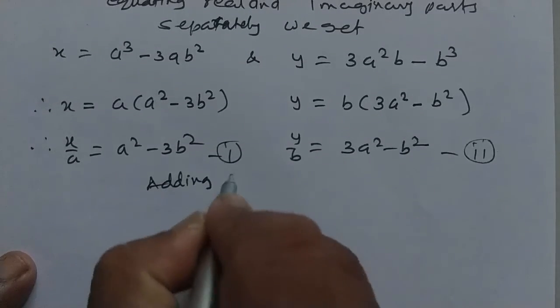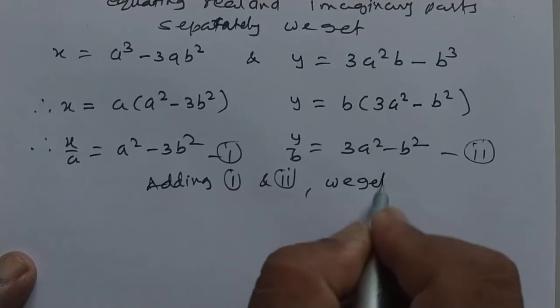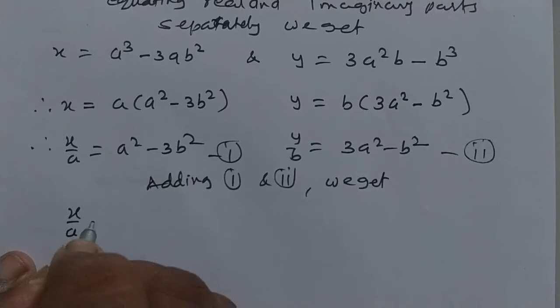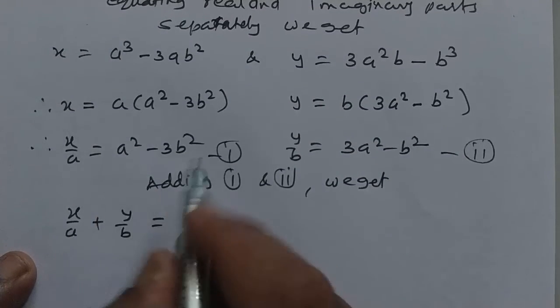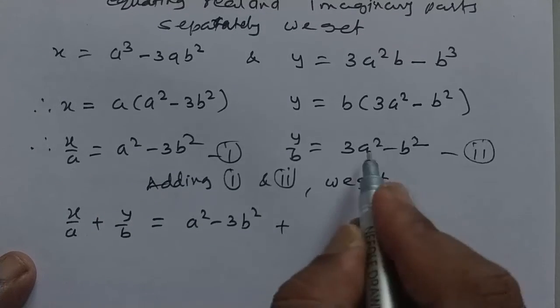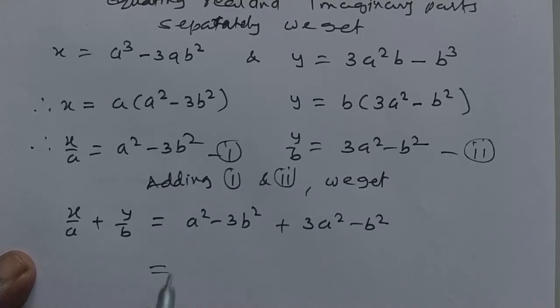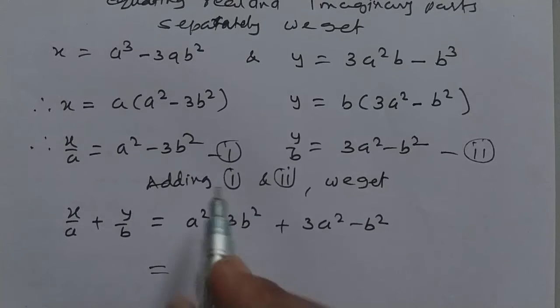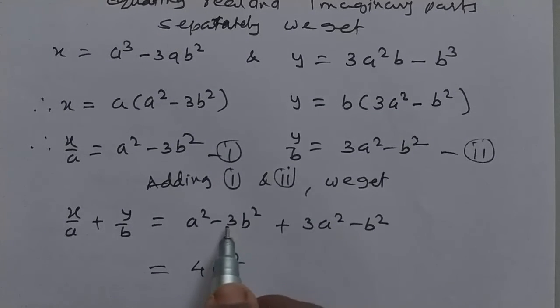Adding 1 and 2, we get x upon a plus y upon b is equal to, the right hand side of equation 1, a squared minus 3b squared, plus the right hand side of equation 2, 3a squared minus b squared, which is equal to a squared plus 3a squared becomes 4a squared, minus 3b squared minus b squared, minus 4b squared.